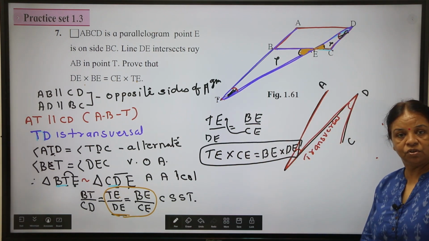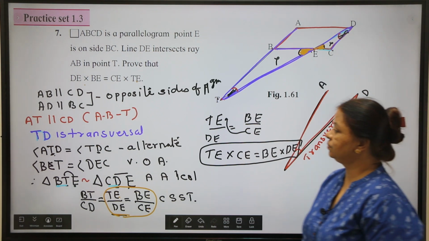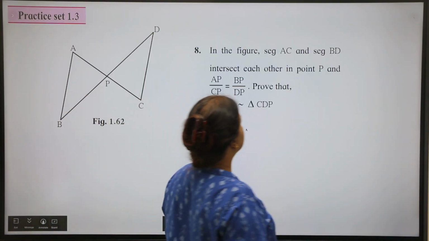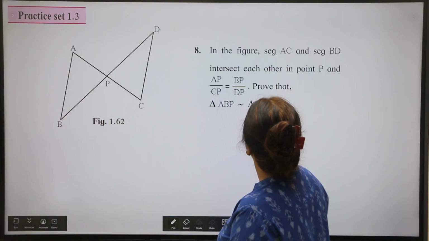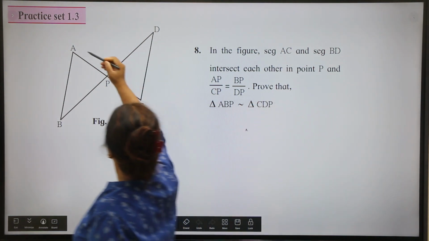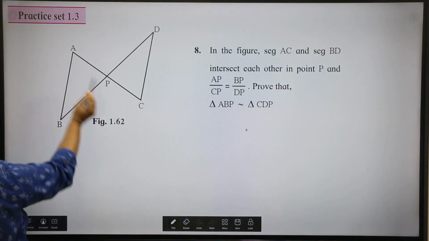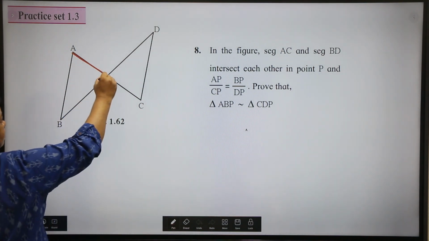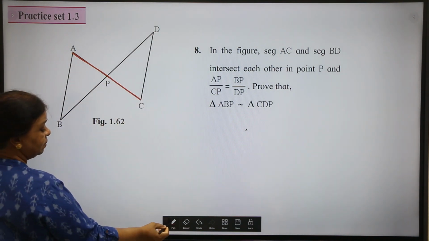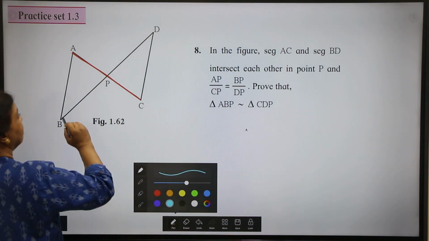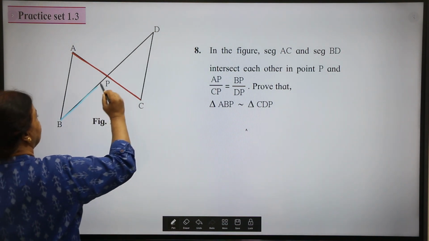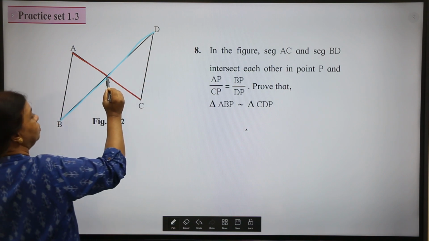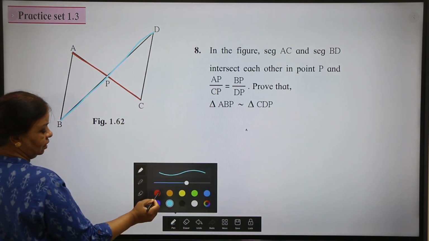So children, you can pause and you can solve the sum. In this figure, segment AC and segment BD intersect each other in point P. This is segment AC and segment BD. They are intersecting each other at what point? Point P. Clear?